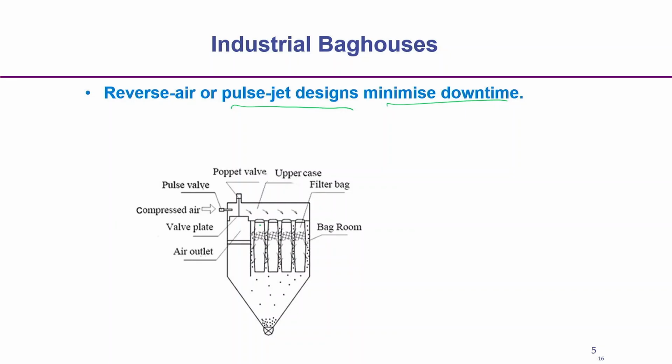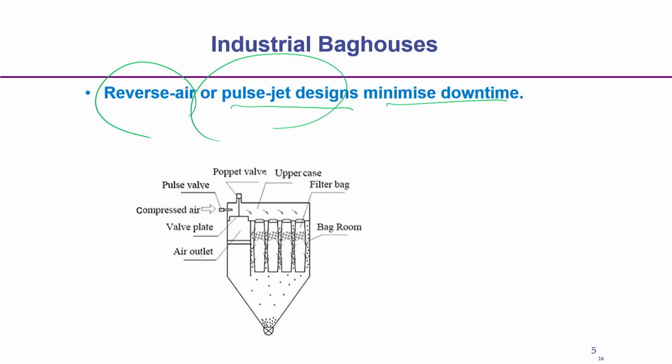That will actually take time, and we have to stop the plant frequently. So, to avoid these things, these arrangements are used, reverse air flow and pulse jet, and we can change or replace the bag after a long time.